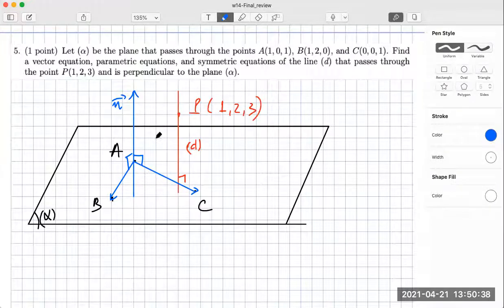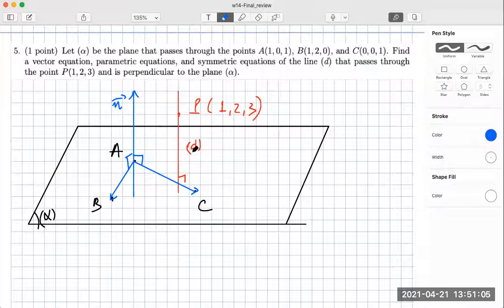From AB to AC, it should point up. So now our job is to find n here and then write the equation of the line. This is clear, right? Now, since everything is clear, we can start solving this. So is the idea clear now?